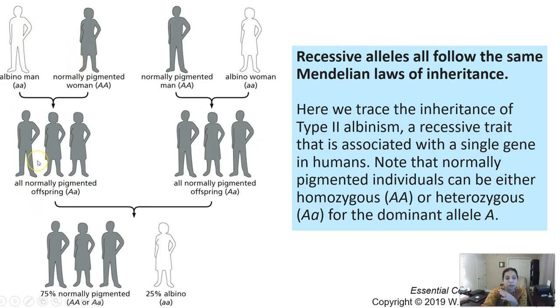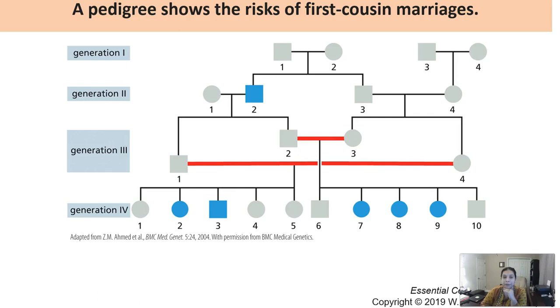In the first generation, all offspring are normal looking, but in the second generation, if you have two individuals mate that were both heterozygous for albinism, you would get that 3-to-1 ratio again for that single gene associated with albinism. So because there's only one gene associated with this, it's going to show this typical Mendelian inheritance pattern.